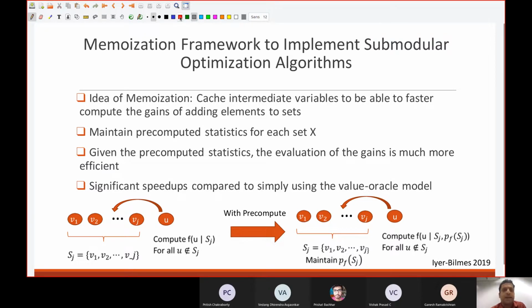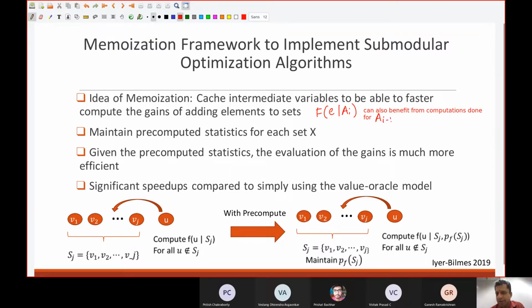So if I'm looking at, say, the gain of adding e to A_i, the question is, can it also benefit from computations done for, say, A_{i-1}?